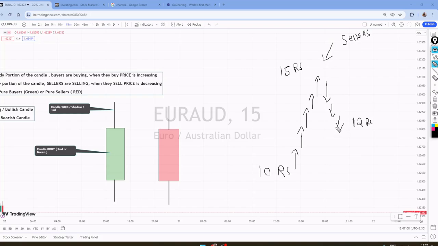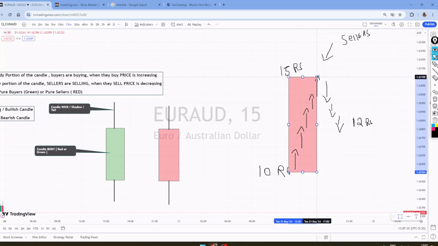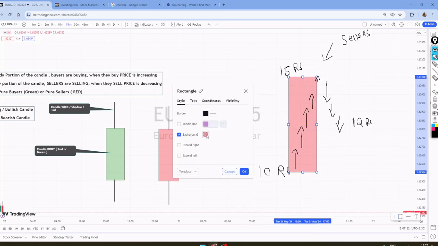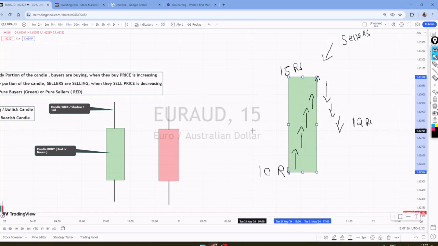Now this is in an arrow format, right? But if I do this in a pictorial format, in a candlestick format, how would it be created? Let's say from 10 rupees to 15 rupees there is a green candle. From here to here, it's a green candle. It's pure buying, right?